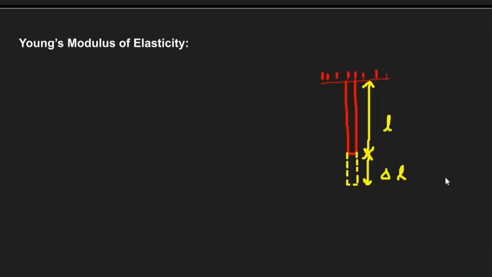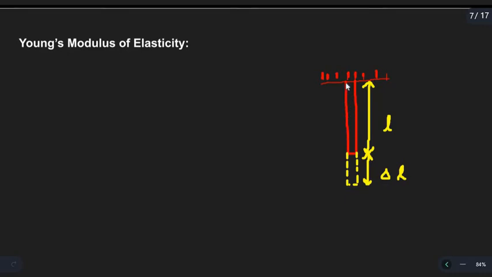So I think Hooke's law is pretty clear to you. बहुत सीधा सीधा बात है कि स्ट्रेस आपका डायरेक्टली प्रोपोर्शनल होगा स्ट्रेन का, अप टू दैट इलास्टिक लिमिट. Beyond that Hooke's law is not obeyed. Okay, so now Young's modulus of elasticity. Let's say you have a rod.